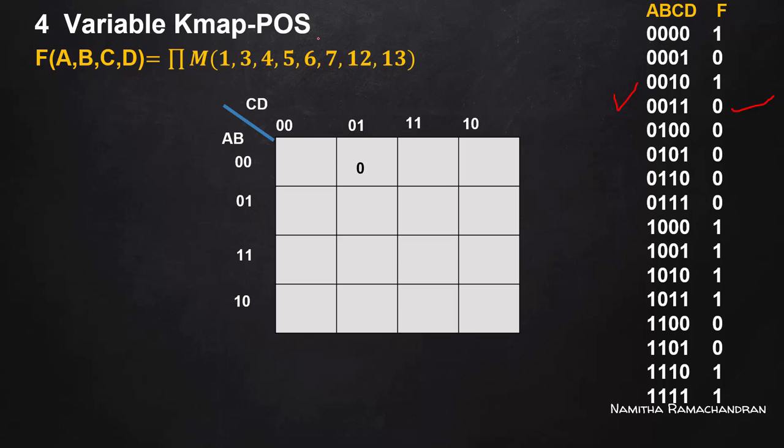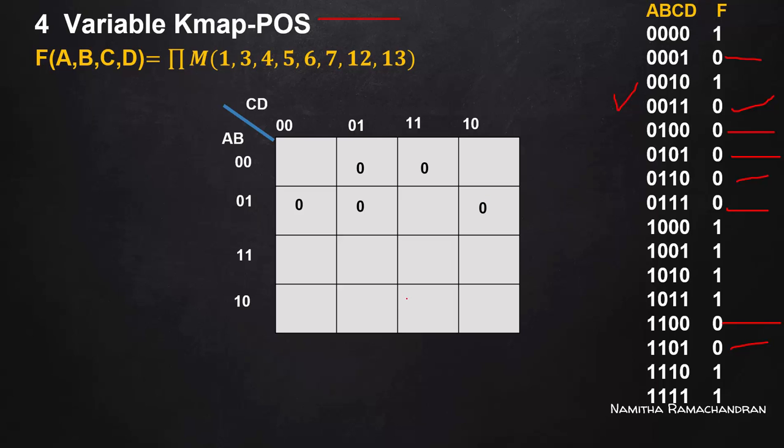Here it is POS form simplification. So concentrate on the combinations with output value equal to 0. 0, 0, 1, 1: here we need to put a 0. Next, 0, 1, 0, 0. Put 0. Next 0, 1, 0, 1. Next, 0, 1, 1, 0.